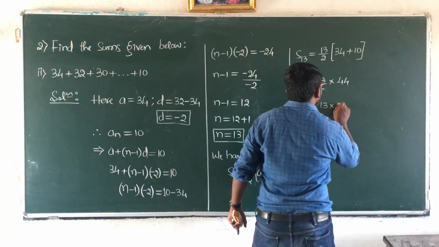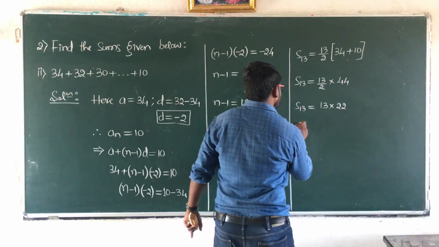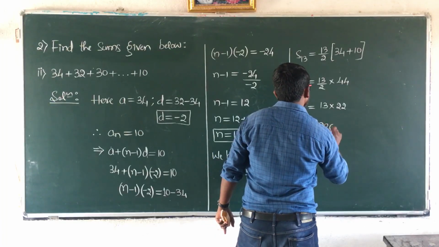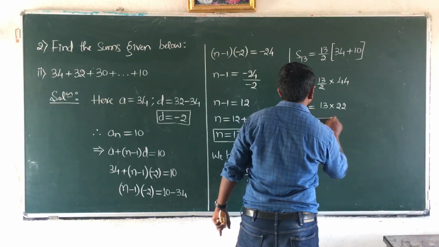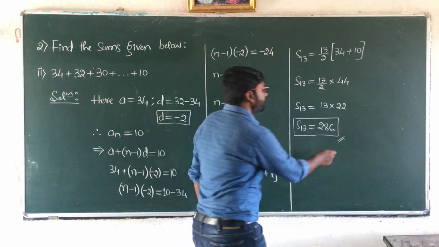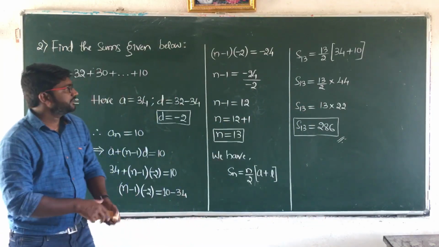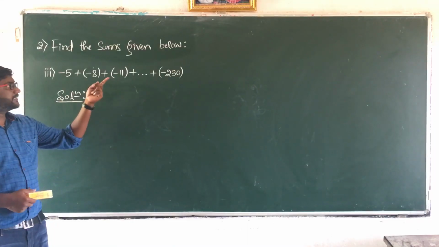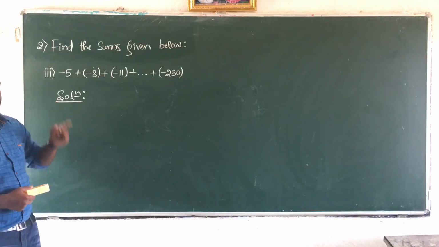So we get 22 here. So now S13 is equal to 286. So this is the sum of 13 terms of the given arithmetic progression. So this is all about the second sub question. So let us solve the third sub question of the second main question.